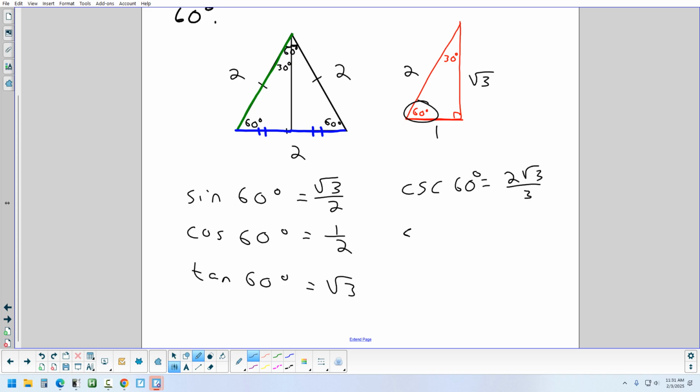Perfect. How about secant? 2. And cotangent? Square root 3 over 3. Perfect. There's your 6 trig functions of 60 degrees.